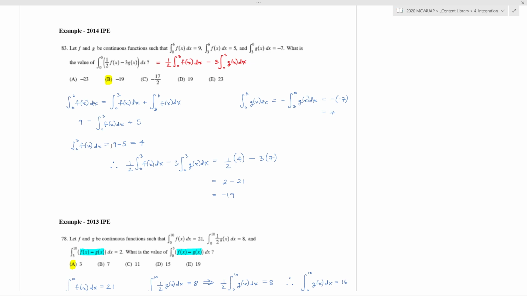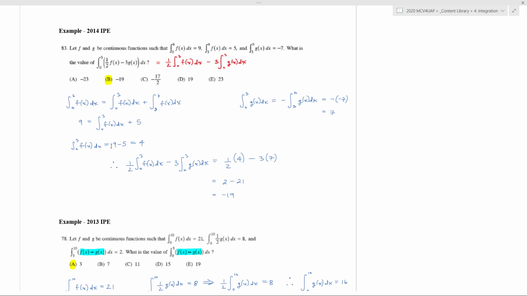So for f of x, I can write that the integral from 0 to 6 is equal to the integral from 0 to 3 of f of x plus the integral from 3 to 6 of f of x. Okay, I have two of those integral values. The first one is 9. That's 9 is equal to the integral from 0 to 3 of f of x dx plus 5.